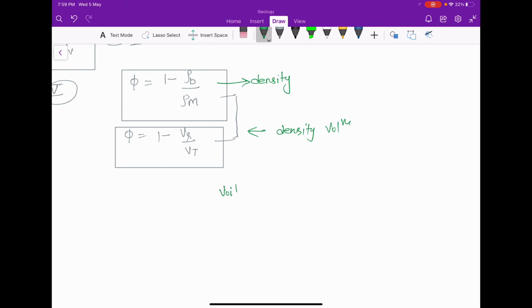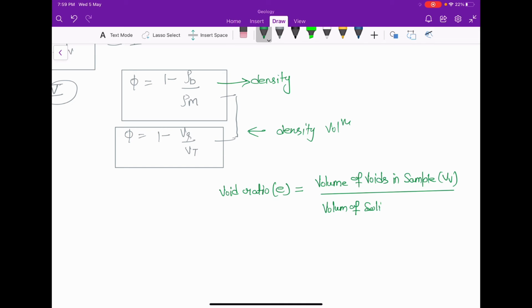So void ratio, that is denoted by E, which is equal to volume of voids in sample, that is Vv, divided by volume of solids in sample, that is Vs or Vm.